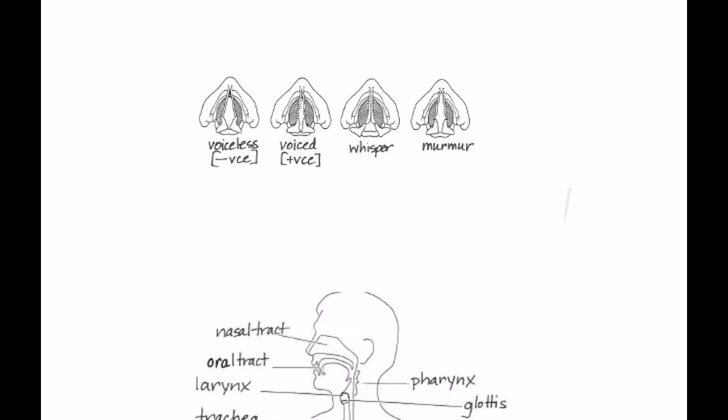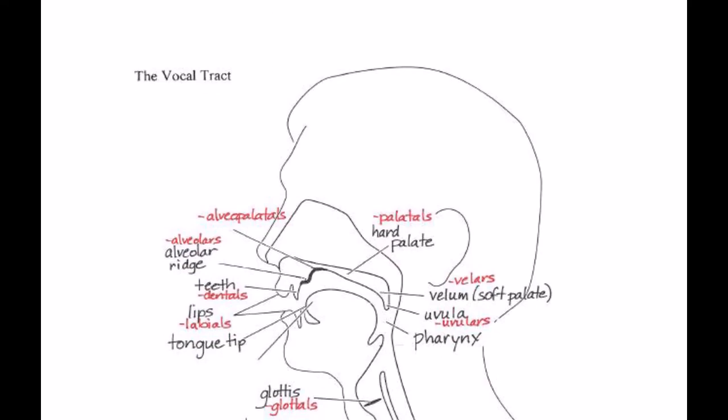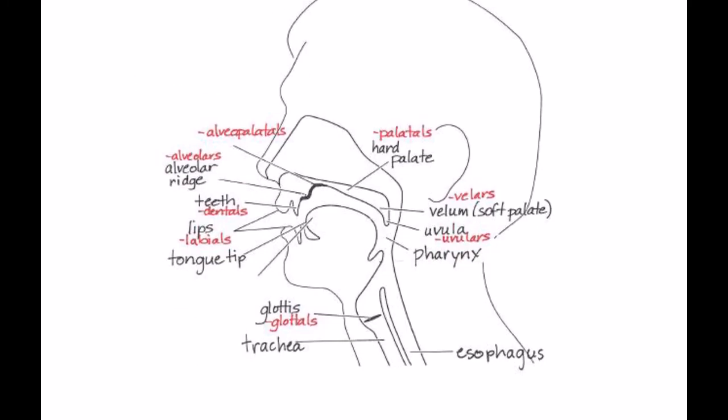Okay, so let's move on now to the vocal tract, or the oral tract in particular. That's where most of the action is in terms of shaping the sound. So, we have the source of moving air, the lungs, down here. The air passes up the trachea through the glottis, engaging the vocal cords, and then passing up through the pharynx.